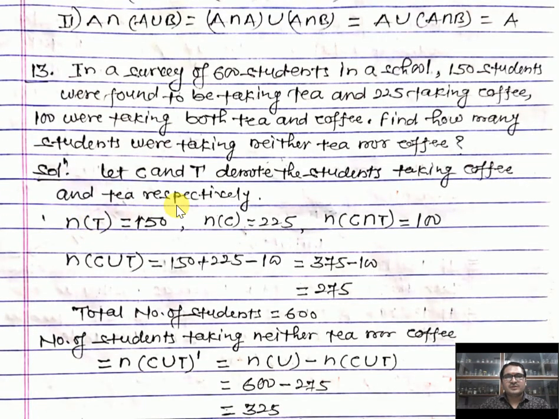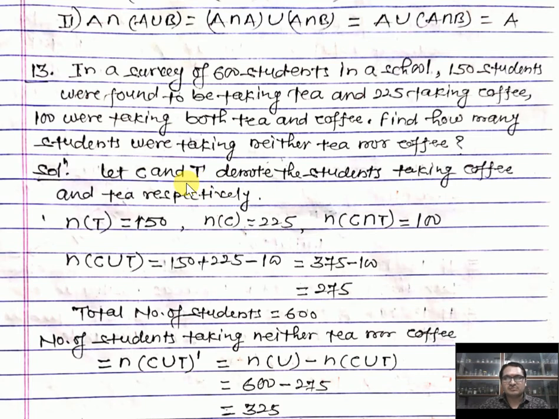Question number 13. In a survey of 600 students in a school, 150 students were found to be taking tea and 225 taking coffee, 100 were taking both tea and coffee. Find how many students were taking neither tea nor coffee. So let C and T denote the students taking coffee and tea respectively.